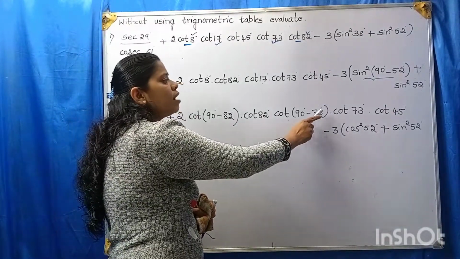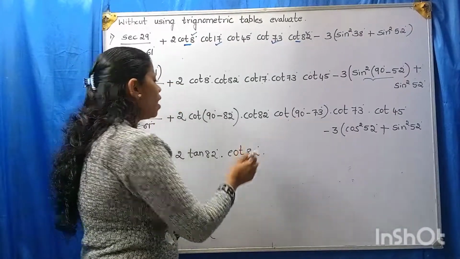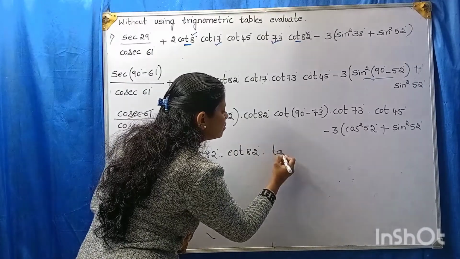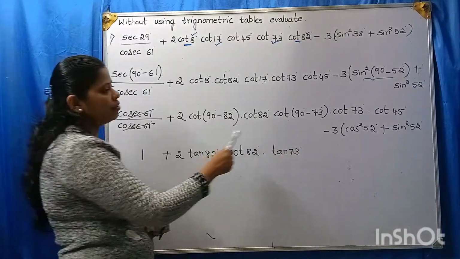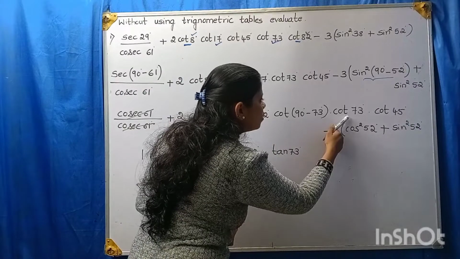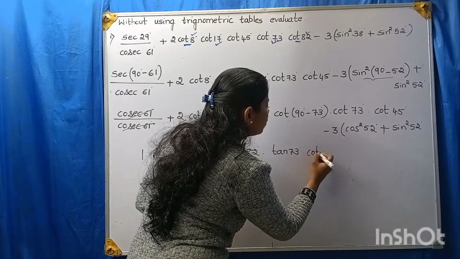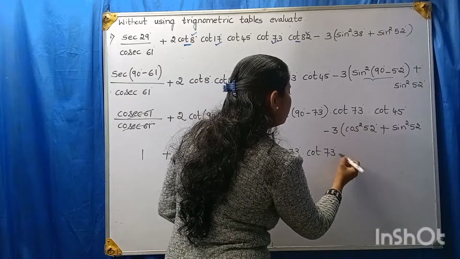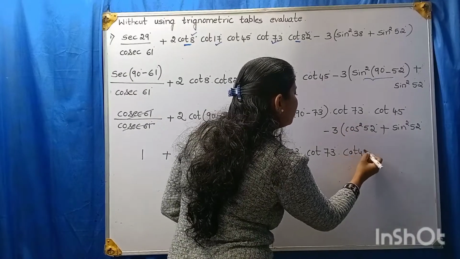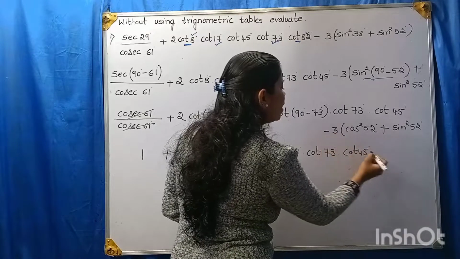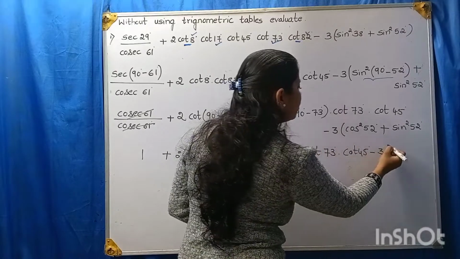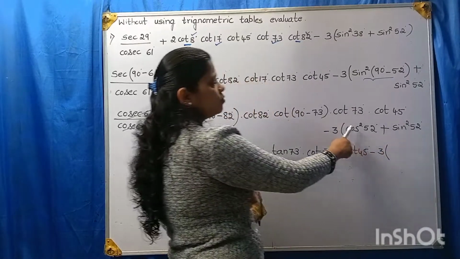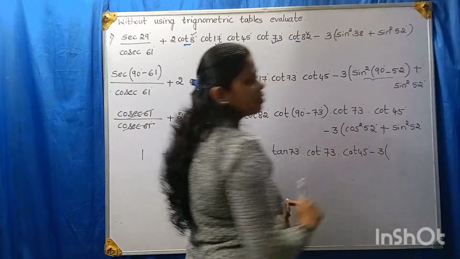Here in the place of theta we have 73, so I can write it as tan 73 degree, then into cot 73 degree into cot 45 degree minus 3 cos square 52 degree plus sin square 52 degree.